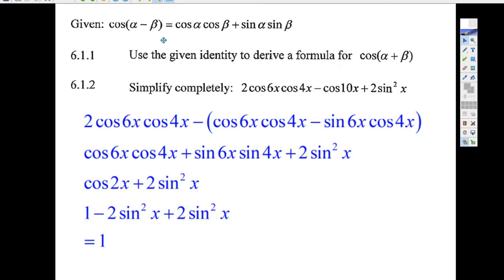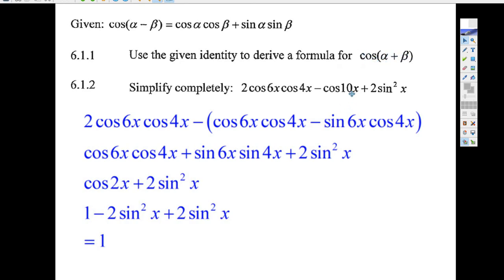And you know, they just gave us this formula: cosine of alpha plus beta is supposed to be cosine alpha cosine beta minus sine alpha sine beta. There are so many times when you're supposed to use a formula, the formula that we derived here, and we're going to use it now. We don't have to worry because that's in our formula sheet too.